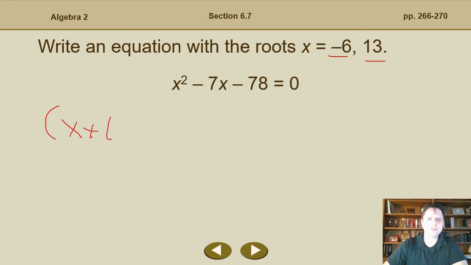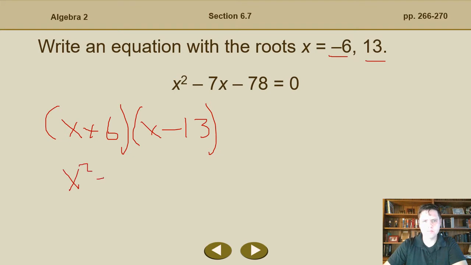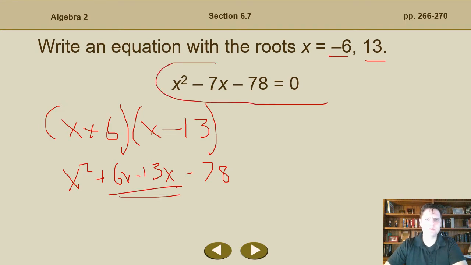We would write this first of all as the quantity x plus 6 times the quantity x minus 13. And then as we FOIL this out, we would get x squared plus 6x minus 13x minus 78. And when we bring these two terms together, we get a minus 7, and this would be our answer.